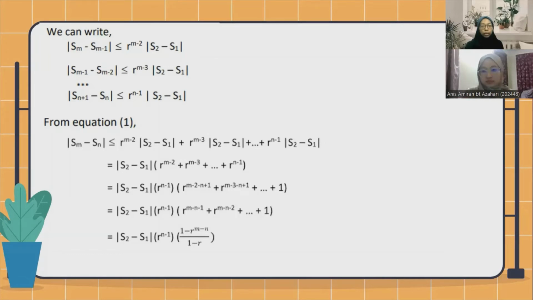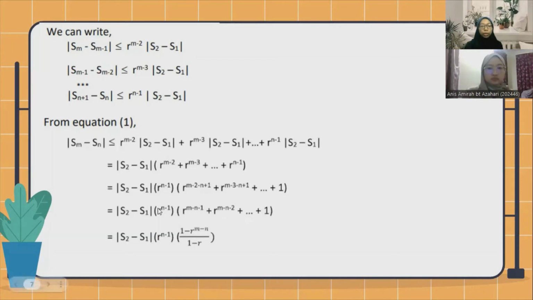So we will get |S_2 - S_1| times r to the power of n minus 1 times (r to the power of m minus n minus 1 plus r to the power of m minus n minus 2 up until 1).